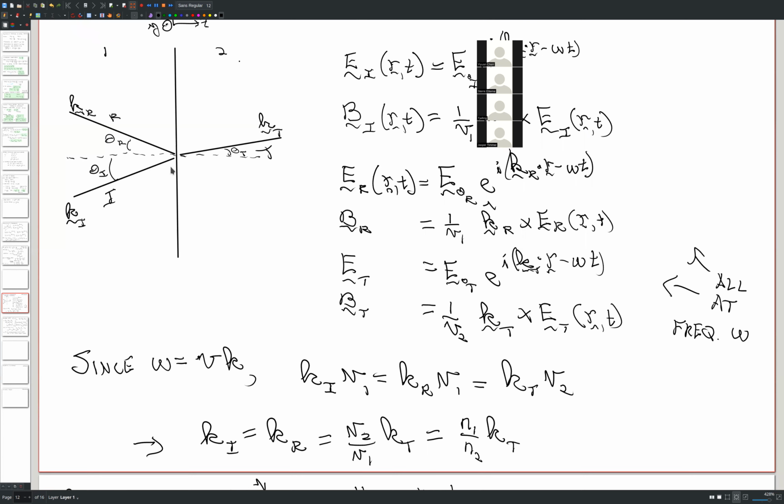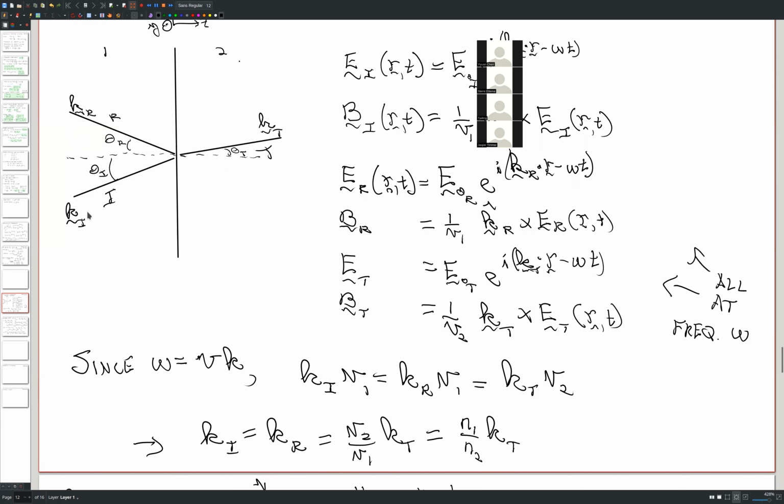You all see what I mean? Now, the second thing that I can say is that the x components have to be equal.